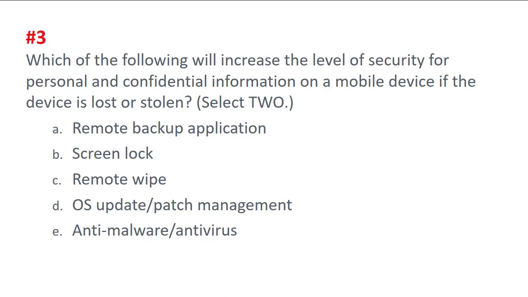As you're looking here, you'll see that only 2 make sense, of course, and that is to make sure you are using the screen lock, and if you've enabled remote wipe, then no matter who has that device, you can connect to it and remote wipe it so that all of your confidential and personal information is lost forever, so that the bad guy doesn't get to have access to that.